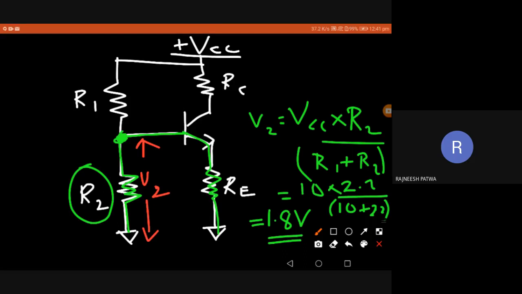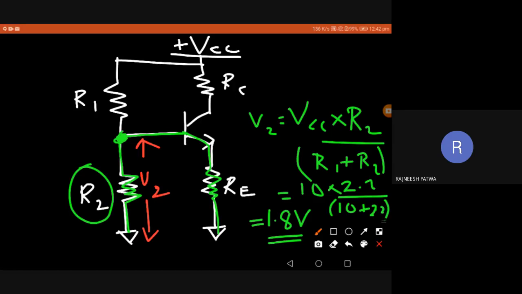But still, I'm using an approximation. I'm not telling this is exact. For practical purposes, we can assume that whatever V2 I'm getting is the drop across VBE and RE. If you go for accurate analysis, there may still be some variation, maybe 0.01 volt or 0.02 volt.